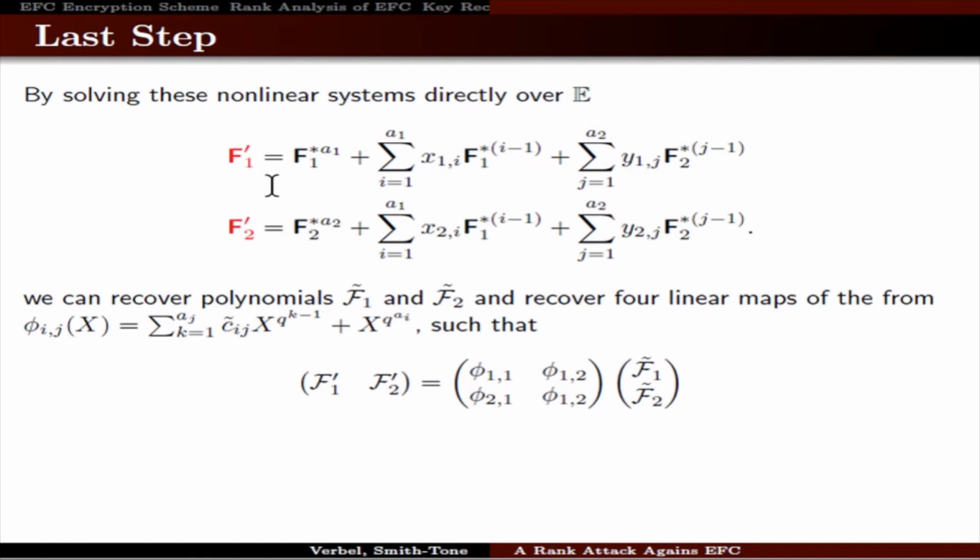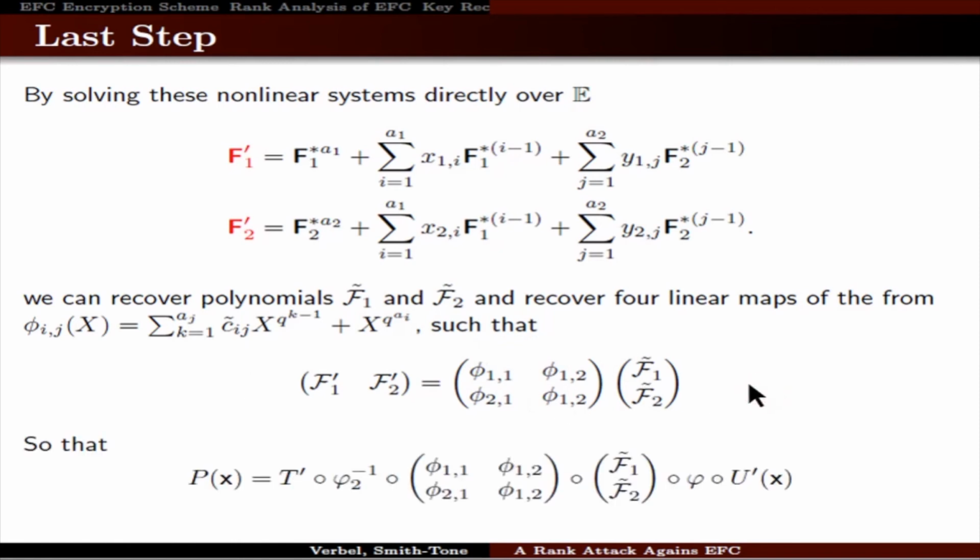By solving such a system, what we are going to find is four linear maps of this form. These are linear maps in the big field, so that our first found central polynomials can be written like this. This is going to be the composition of two maps, f tilde 1 and f tilde 2, that are easy to invert, composed by a linear map.